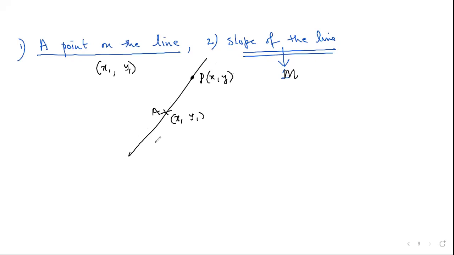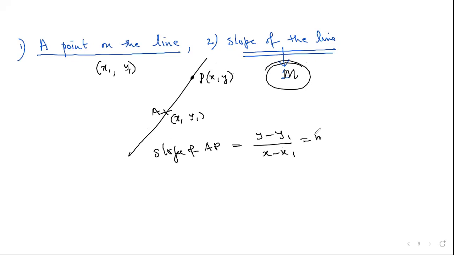Then the slope of this line AP will be (y minus y1) upon (x minus x1). But that slope is given to be m, so I equate with m. So the equation of the line is y minus y1 equals m into (x minus x1). This is the formula to find the equation of the line.